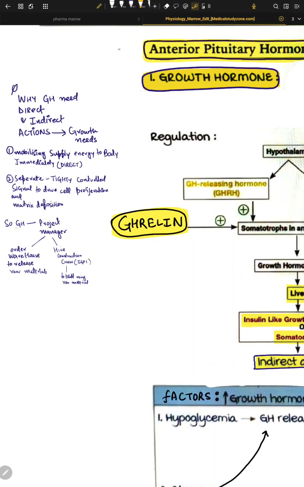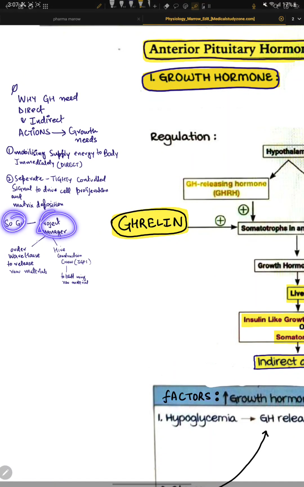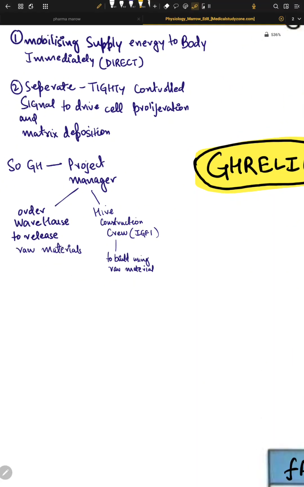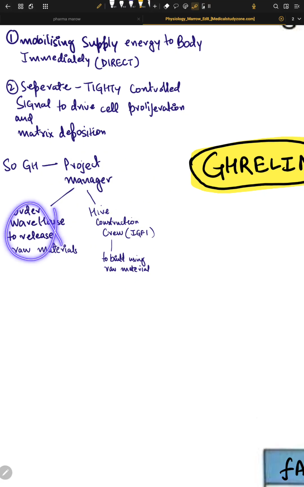Well, because growth hormone is like a project manager, and it orders raw material from your body. It mobilizes and supplies energy to your body parts immediately. And it also manages IGF-1, the construction crew that builds structures using these raw materials.